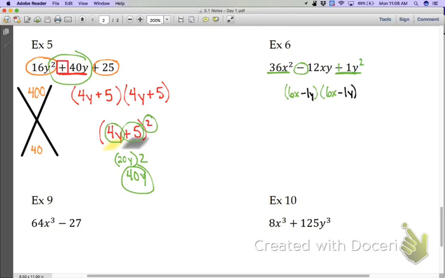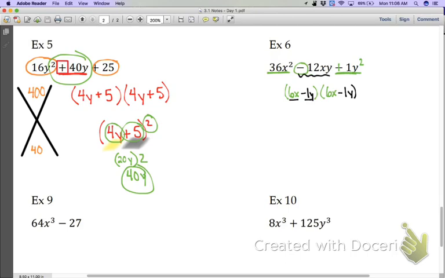Because negative 1y and negative 1y multiplied together will give me a positive 1y squared. Again, an easy way to check: what's 6x times negative 1y? Well, it's negative 6xy. Double it, gives me the negative 12 that I'm looking for.